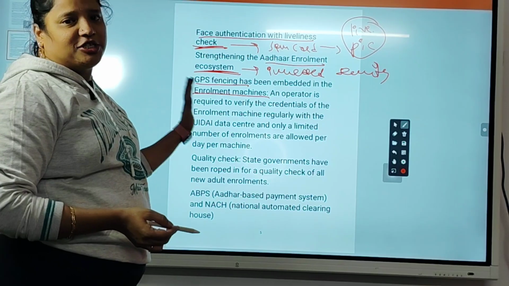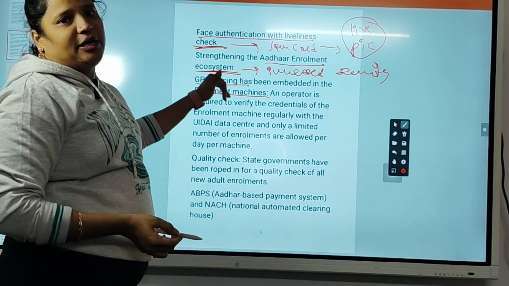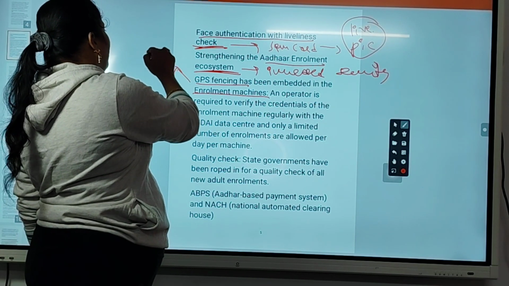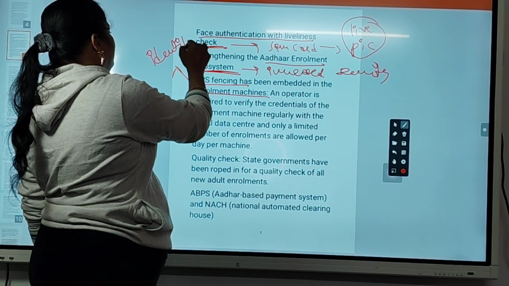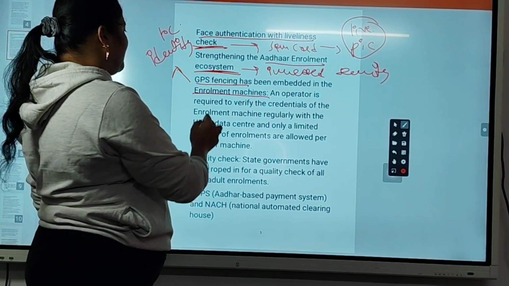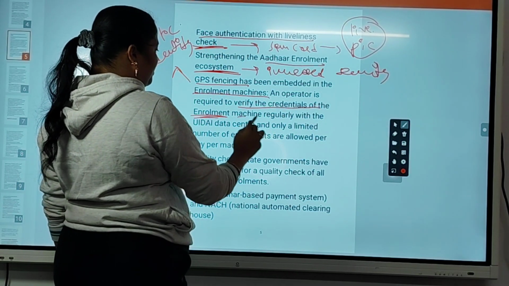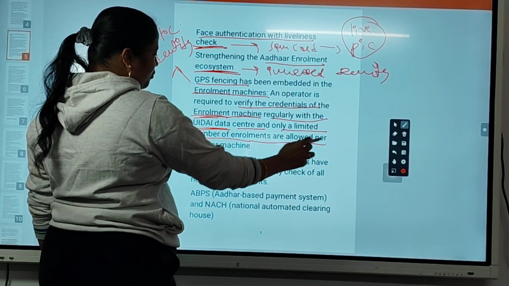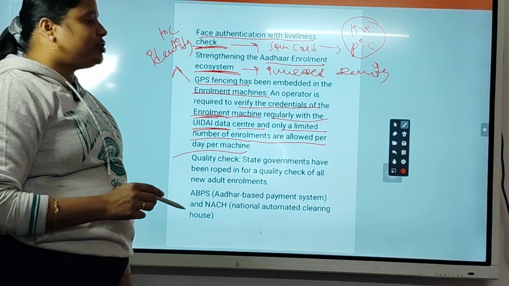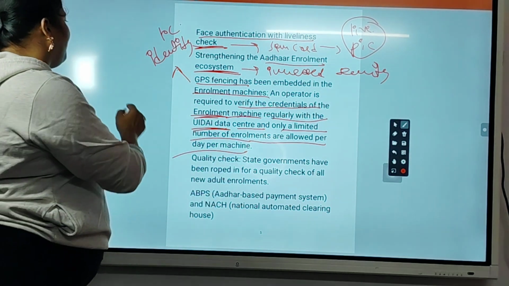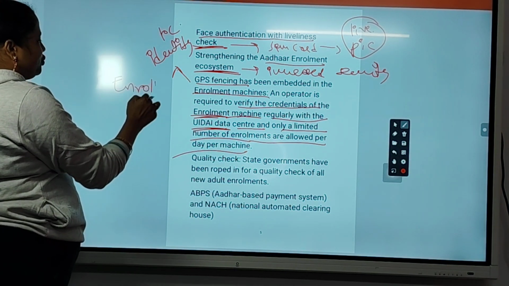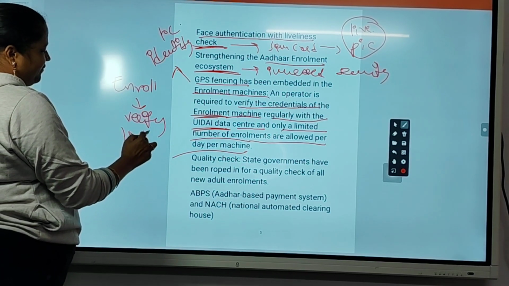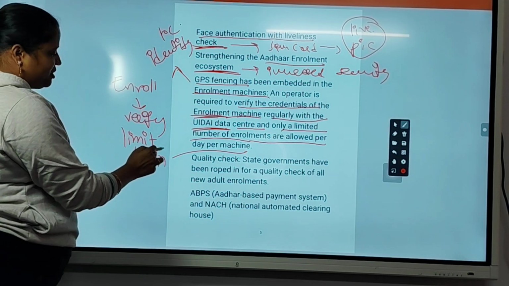Even in enrollment machines they introduced GPS fencing so that by GPS also they can identify location, etc. Okay, an operator is required to verify the credentials of the enrollment machine regularly with the UIDAI data center and only a limited number of enrollments are allowed per day per machine. So every time a person is using an enrollment machine, he has to verify himself and there is a limit on the number of times to log into the enrollment machine per day.